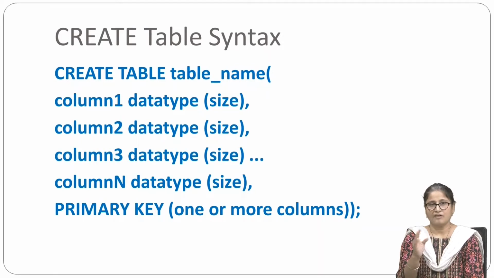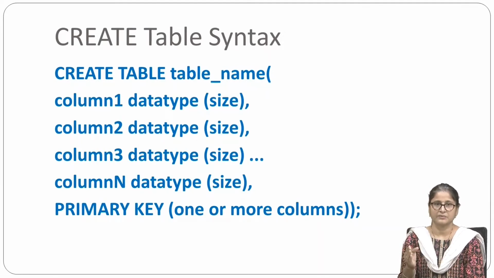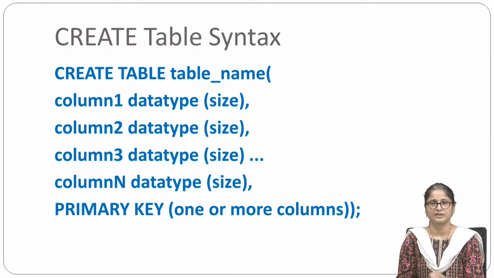Now after giving the names of the columns, you have to specify the data type. If there is a roll number, what kind of value should that field contain? Student ID is always in integer form. So the respective data type must be mentioned along with the field name, and the size must be written.